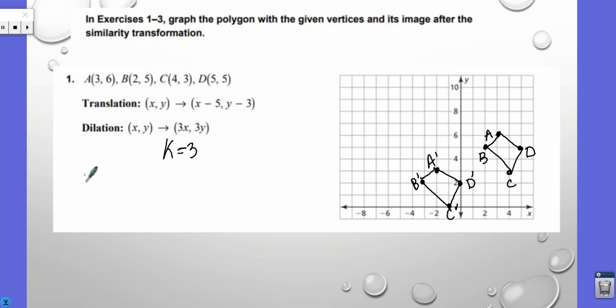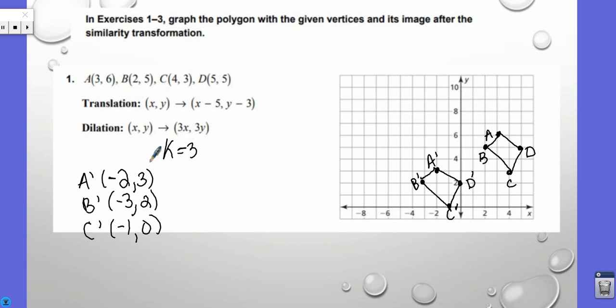So I'm going to write down my A prime, which is -2 and 3. I'm going to write down my B prime, which is -3 and 2. My C prime, which is -1 and 0. So I'm just going to do what it tells me to do, which is multiply.